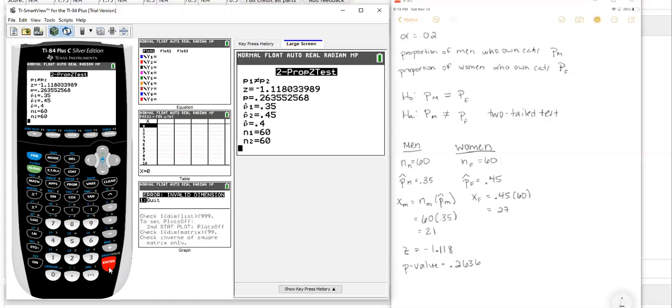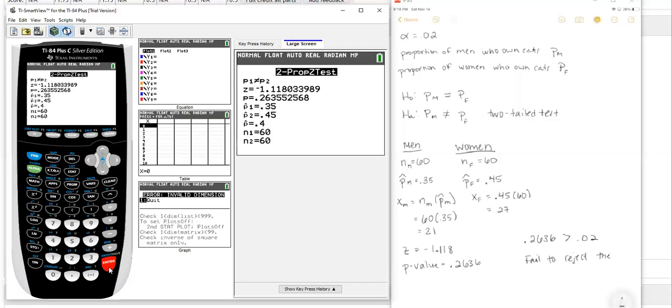If I compare the p-value with alpha, alpha is definitely smaller, so my p-value is larger, so we are going to fail to reject the null.